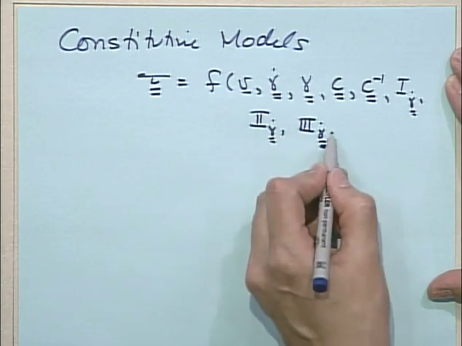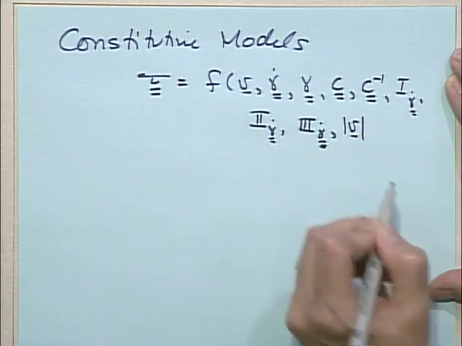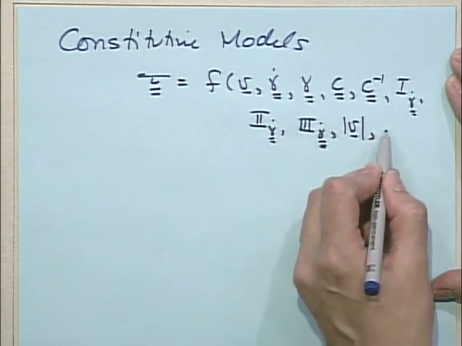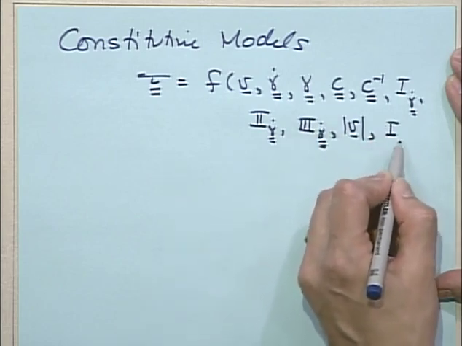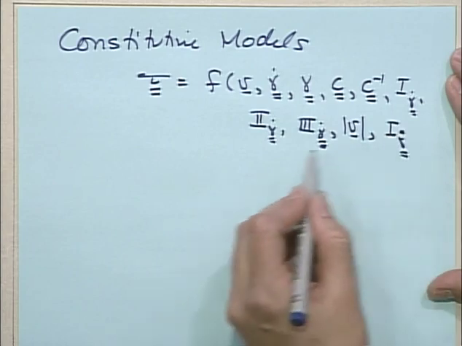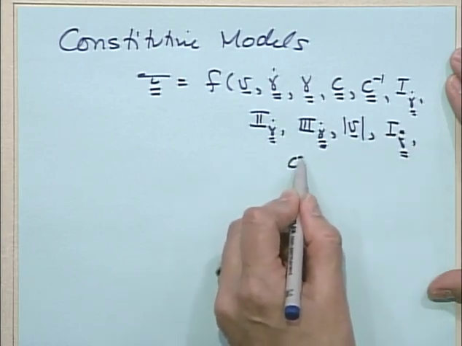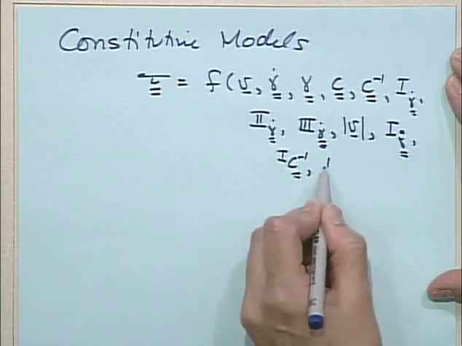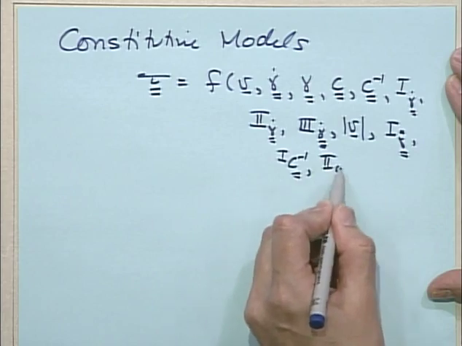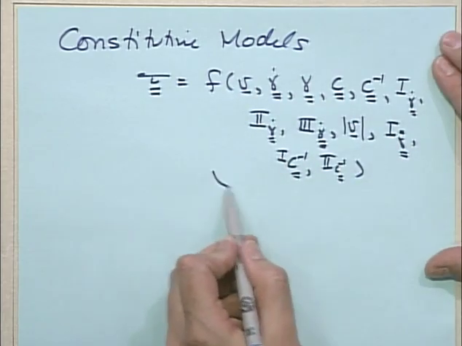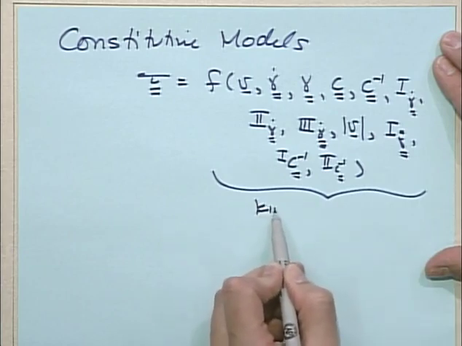So for instance, the invariant of V would be the magnitude of V. Or we could have invariants of these strain tensors that we've talked about, for instance, the infinitesimal strain tensor, the Finger tensor, etc. So these are all part of the kinematics of the flow.